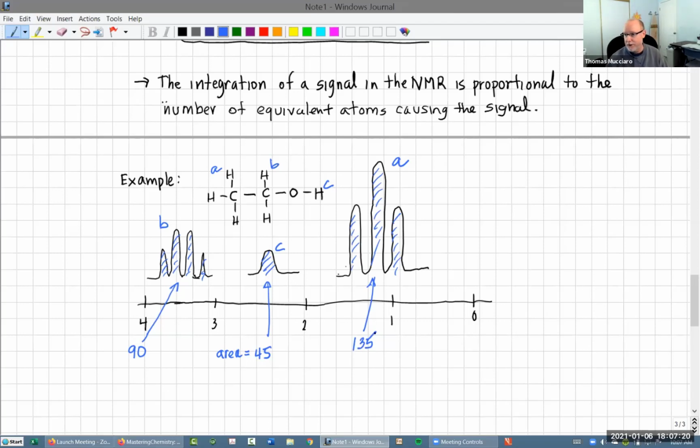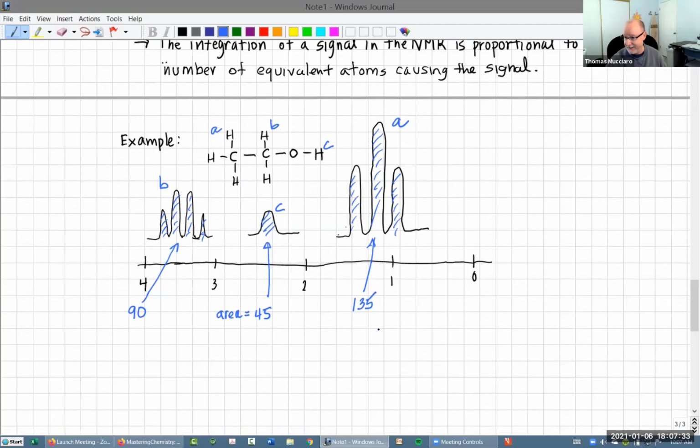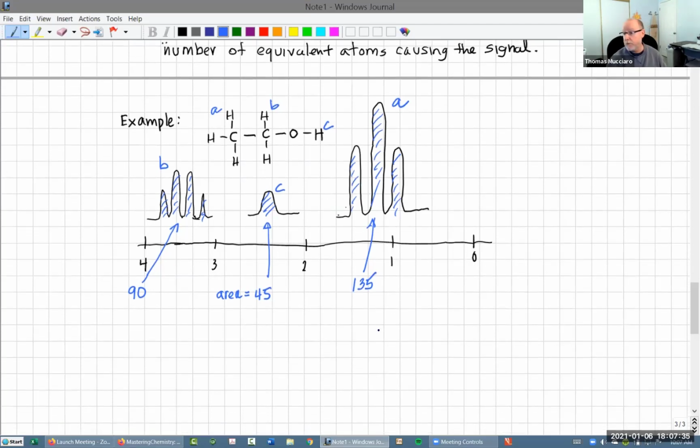Okay? Now you're looking and saying, what does that mean? Those numbers are off the wall. Those are just what you measure, the area, right? But what's important is the ratio of those areas. That makes sense? So what we do is we find the smallest one, which is 45, and we divide them. Oh, sorry, I should say 45.